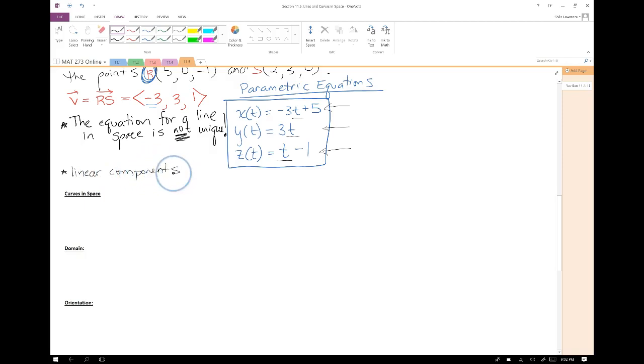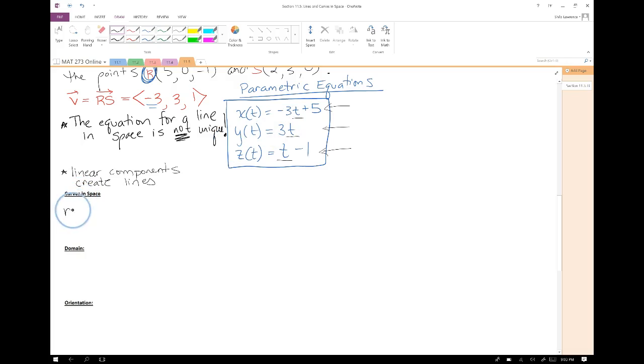But we're not limited to just linear components. We can have any type of function we want in there, and our curve in space will take on a similar shape to the types of functions that we see in the components. So in general, a curve in space, which a line in space is a special type of curve, it's just a straight line.